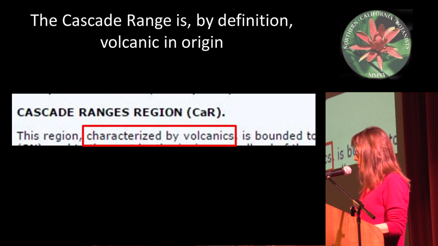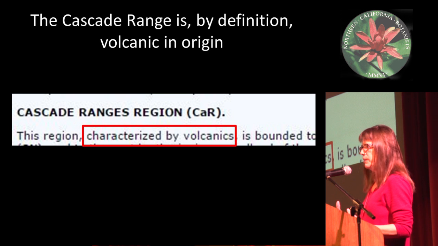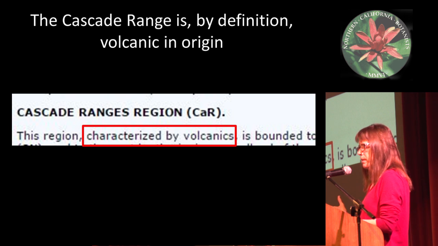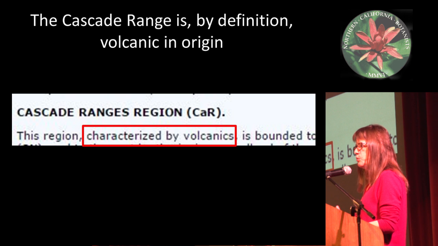And it started out just trying to bring that map into compliance with this basic concept of the Klamath Range as being inherently volcanic.